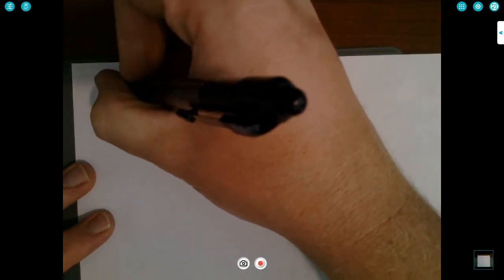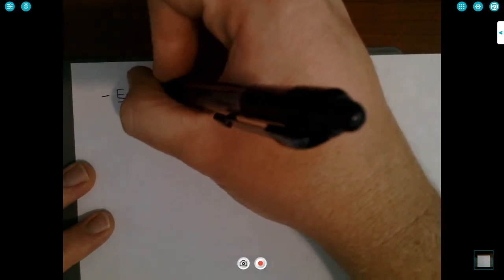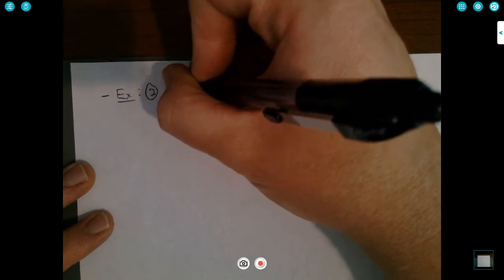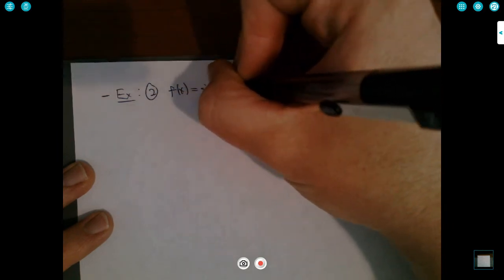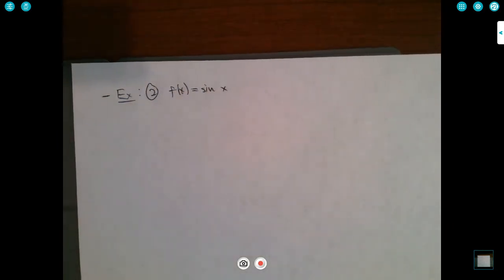Let's see if we can do the same thing for sine and cosine. These ones are a little trickier, but let's see if we can do them.